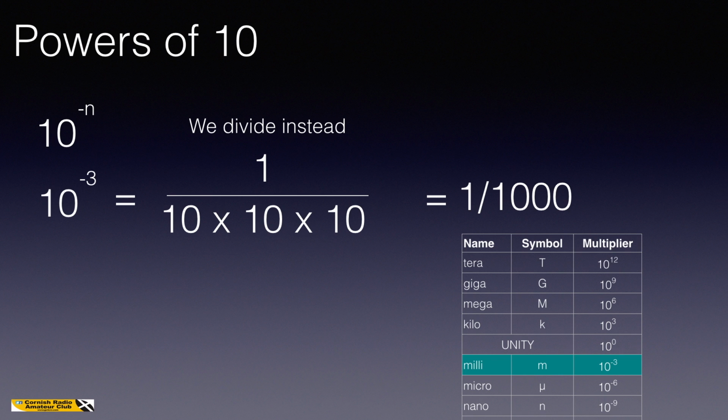Now it's worth bearing in mind here that all of the quantities greater than 1, apart from kilo, use a capital, and all of the quantities less than 1 use a small lowercase letter. Incidentally, when you're looking at the units, if you want to know whether it's a capital or not, if it's somebody's name, like Kelvin, for Lord Kelvin, it's a capital K. If it's S for second, which isn't somebody's name, then it is a small s for second.